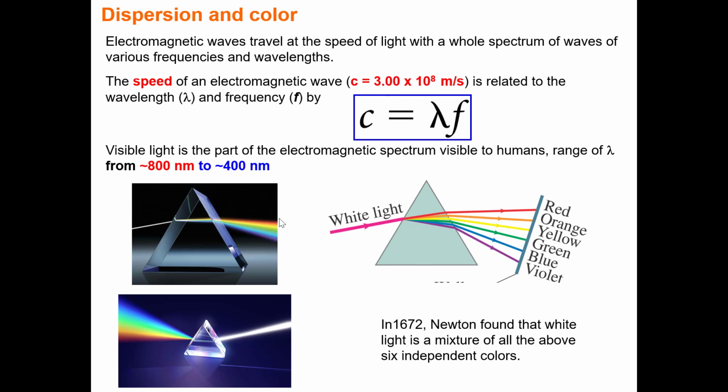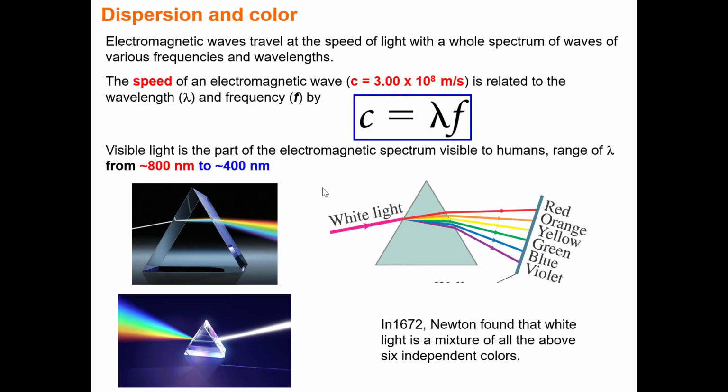Because the visible light is part of the electromagnetic spectrum, all the visible light travels at the speed of the light, 3 × 10⁸ meters per second.